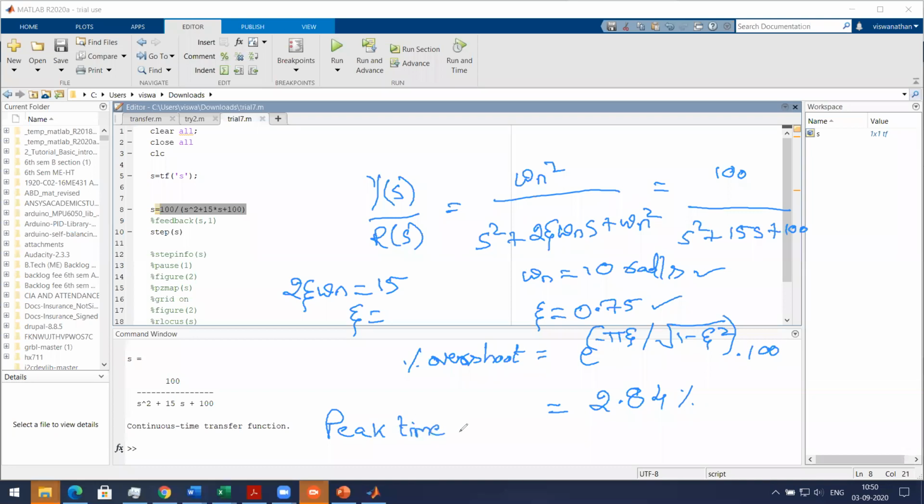What is the peak time? Peak time is given by pi divided by omega d. Calculate this. Anybody?